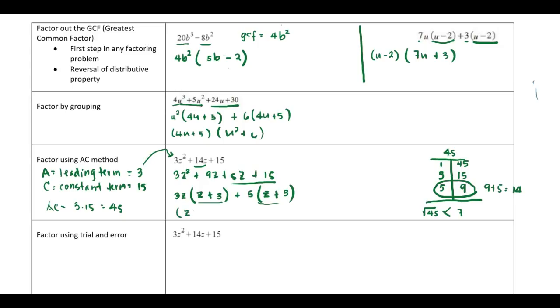So I take it out and am left with 3z in the first and 5 in the second. So that's it. And you can check by FOILing. Z plus 3 times 3z plus 5. Z times 3z is 3z squared, plus 15, plus 14z, which is what we got in the beginning.